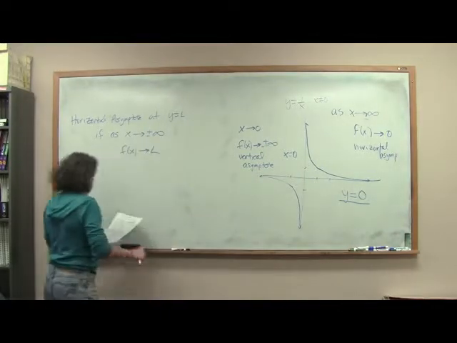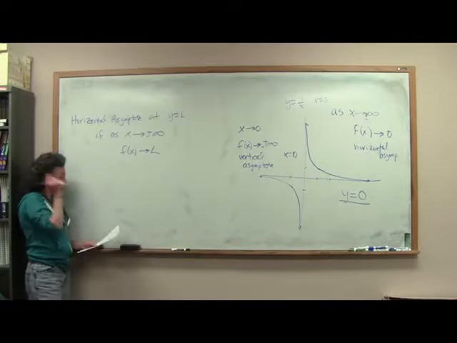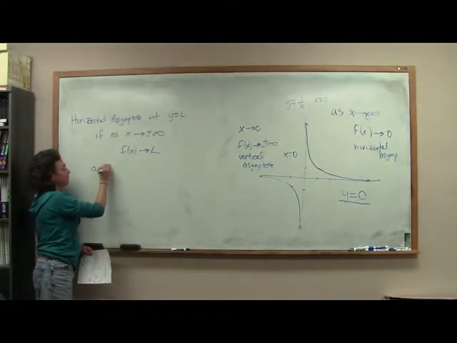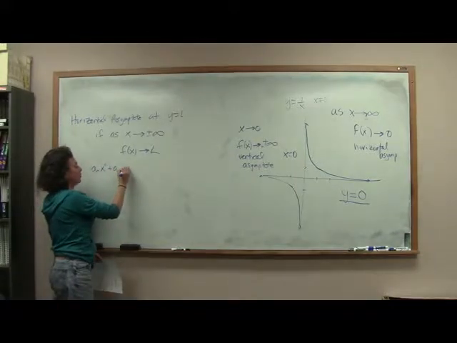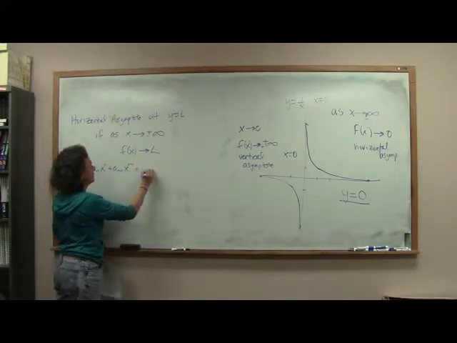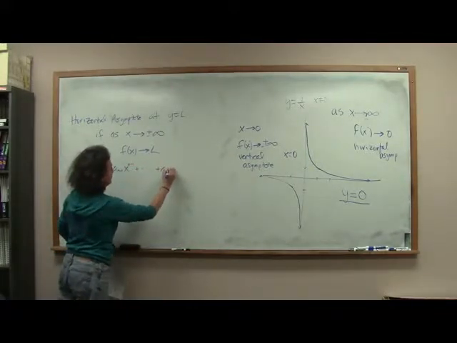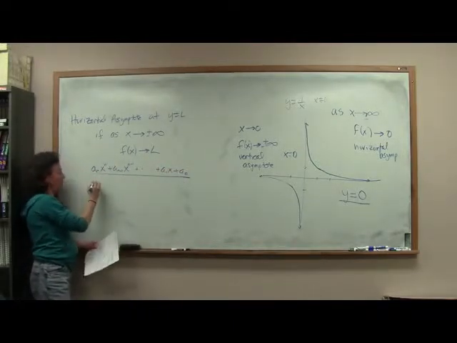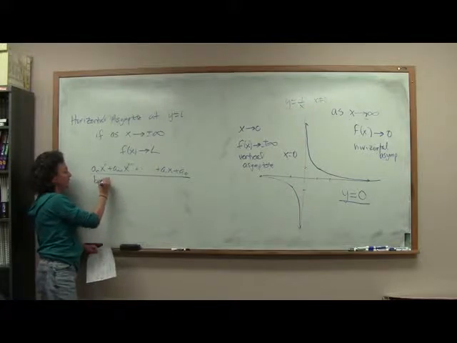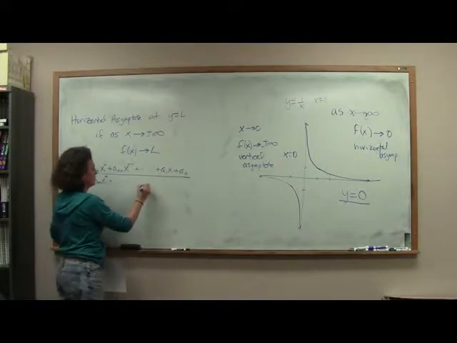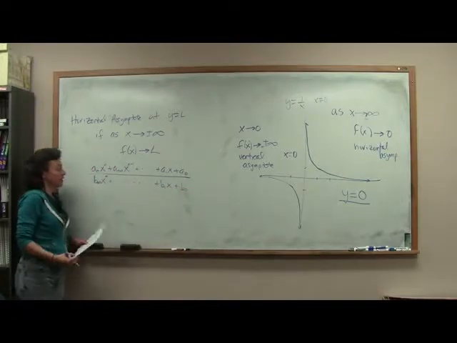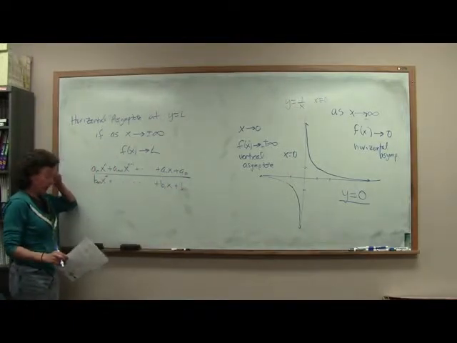So I claim, let's say that we have two polynomials. Don't let these letters mess you up, please. So suppose that's the polynomial in my numerator, and this is my denominator.